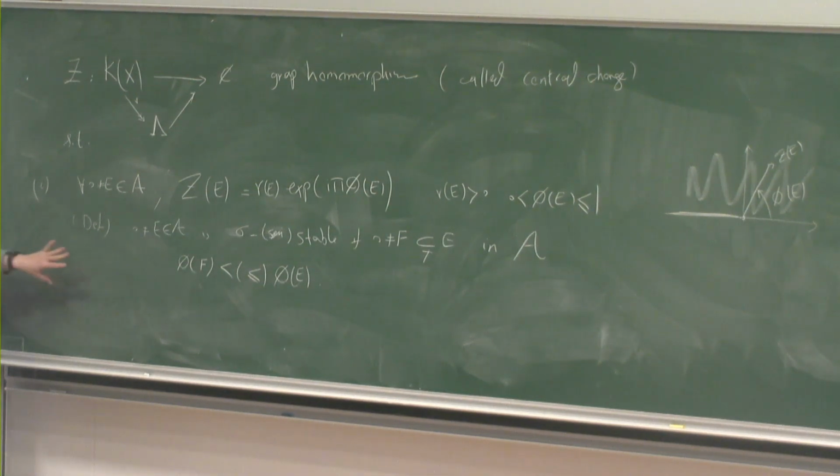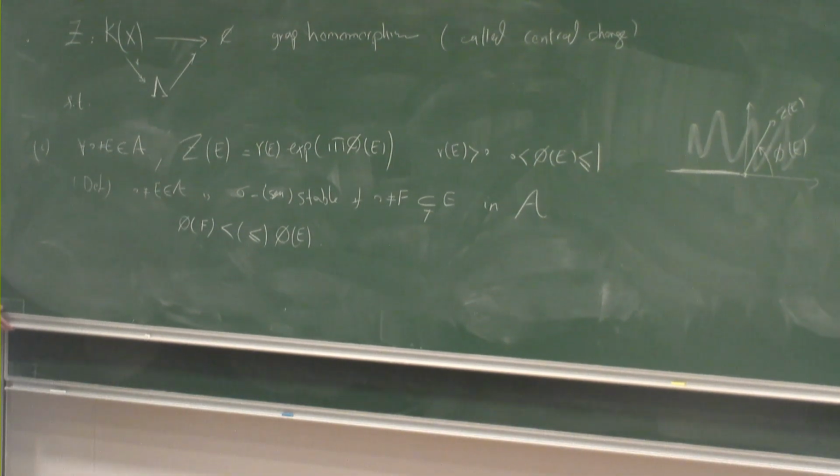Now we have the notion of sigma stability, and the second condition is that, exactly like mu-H stability, we want the notion of Harder-Narasimhan filtration.